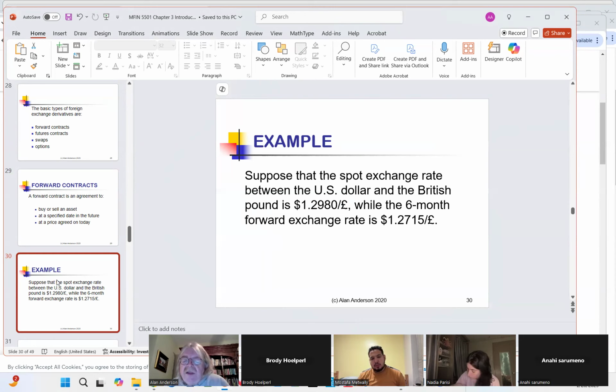It's locked in. So if I get into this contract, I know in advance how much I'll either pay for or receive for British pounds. And you can see that's a perfect way to get rid of all of my foreign exchange risk if I'm doing business in Great Britain. So I can lock in the price.